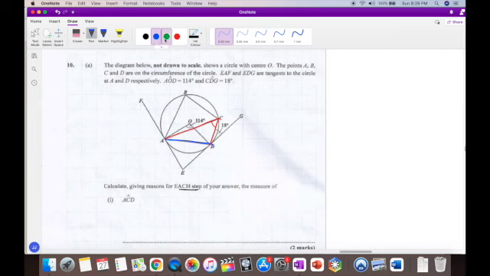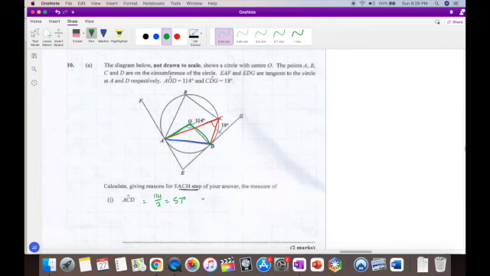And we'll also notice that the angle at the center is also subtended by that same chord. So therefore, the angle at the center will always be twice the angle at the circumference. So ACD will be 114 divided by 2. 114 divided by 2 is 57 degrees.